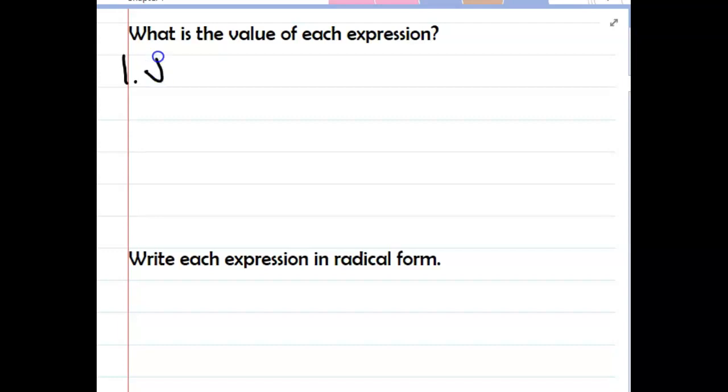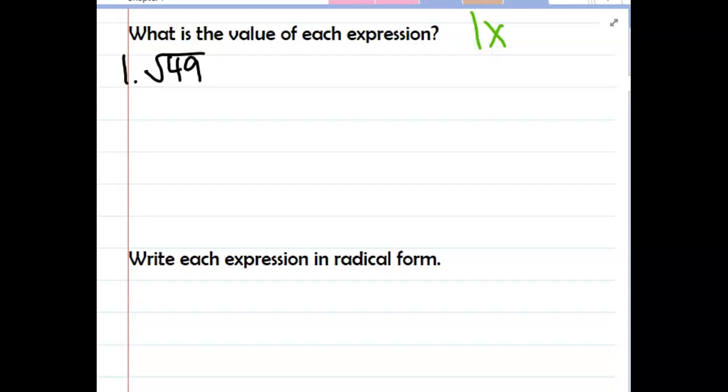So number one, if I want to find the value of the square root of 49, I forgot to mention this whenever you're going over the left-hand side. We talked about how you have the two things, you have the exponent and the index. There's obviously not an exponent here because it's just 49. But on this one, there's also not an index. And this gets kind of confusing because usually if you don't see a number in front of the x, you know it's a 1.